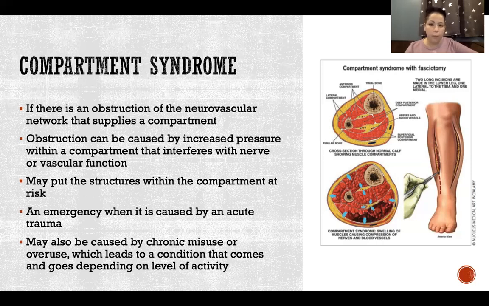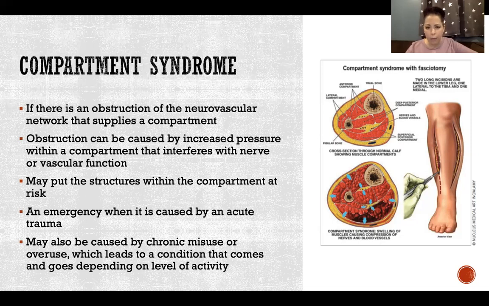So it can depend on the biomechanics of how someone's moving, or if they're overdoing an activity, then they can have a sort of compartment syndrome that comes and goes, where swelling will occur in a compartment and then that swelling will reduce when the activity is over. So in that case, it would not be limb threatening. It would not require a fasciotomy. It is not a medical emergency, but it's something that would come and go depending on activity level.